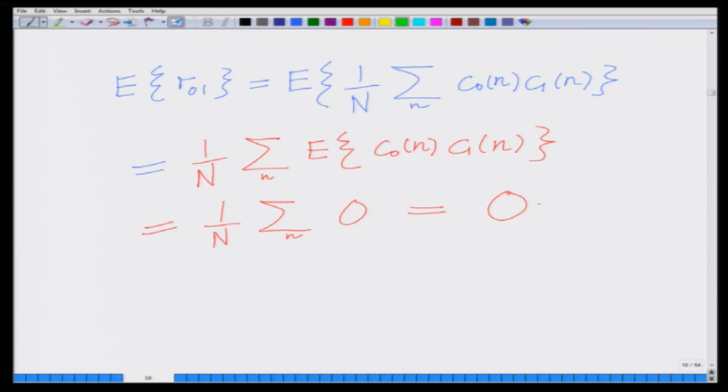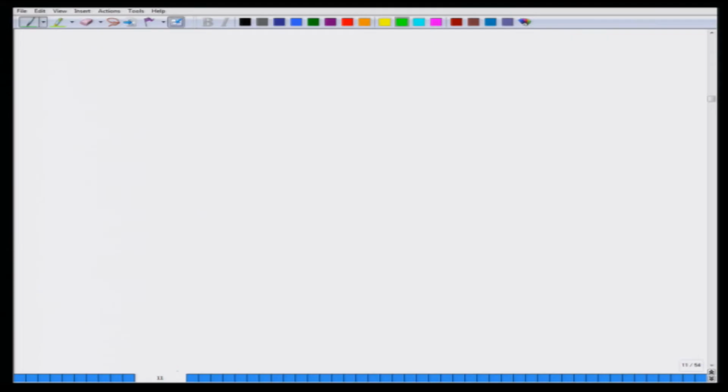Now, let us look at the power of this cross correlation. Let us look at the expected value of R 0 1 square. What is the interference power?